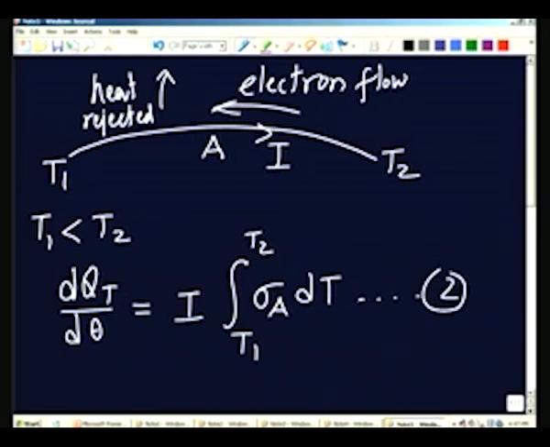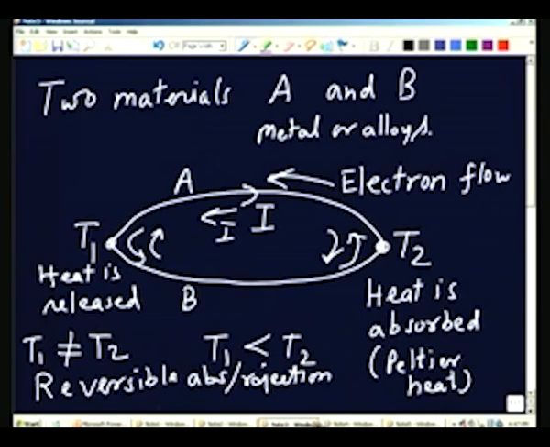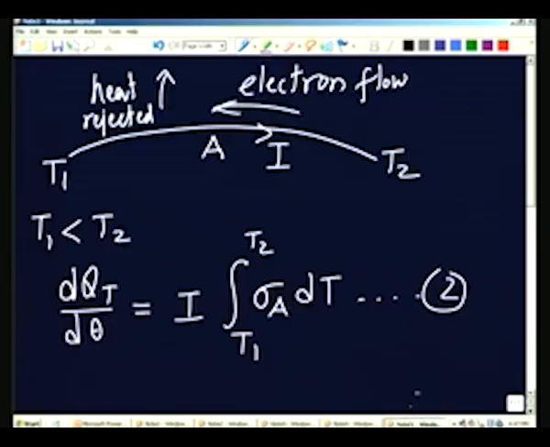Now, I can in fact go back to the earlier sketch. In the earlier sketch, I had two materials A and B to form a complete circuit, and now we can see that for this part of the circuit, this is the amount of Thomson heat which is involved.